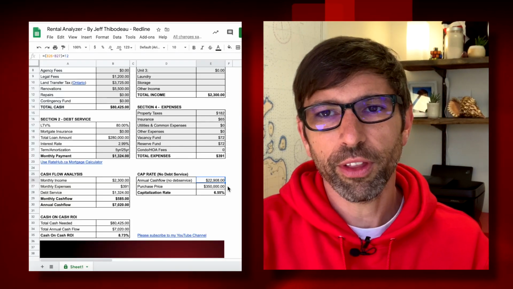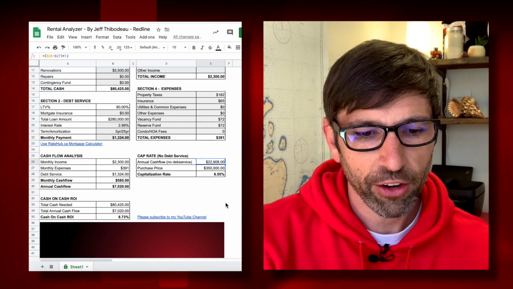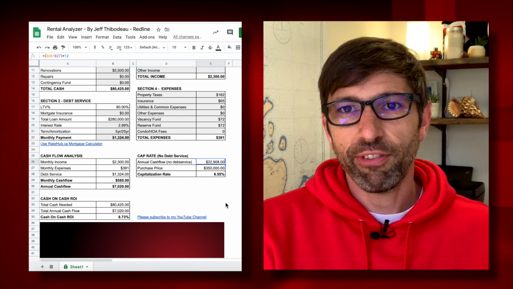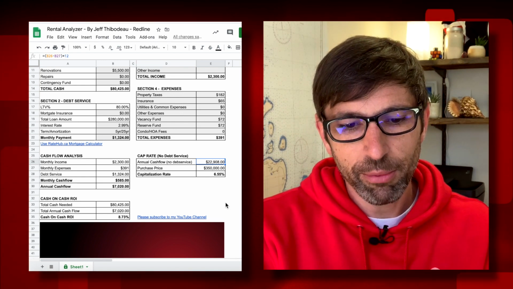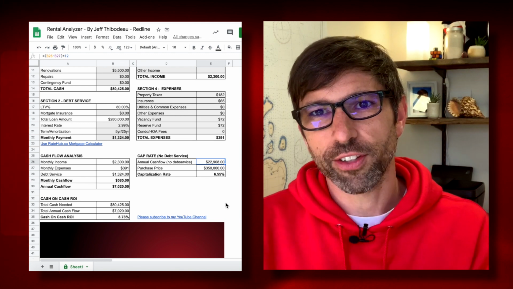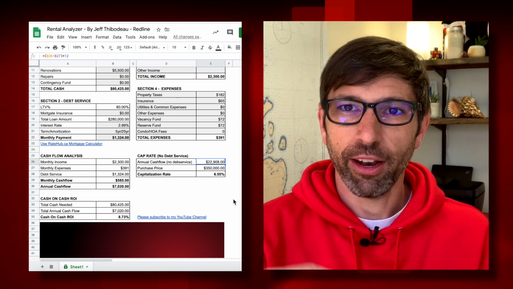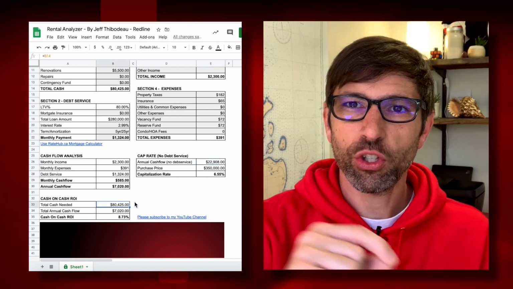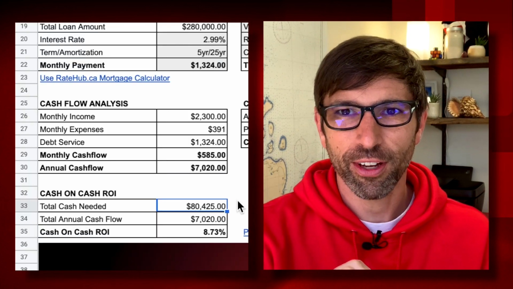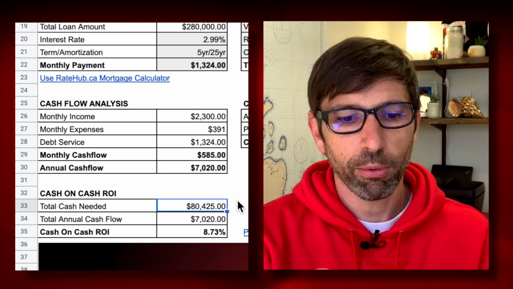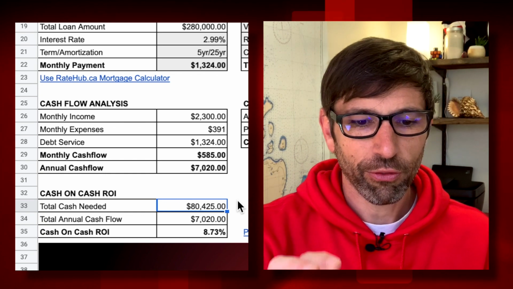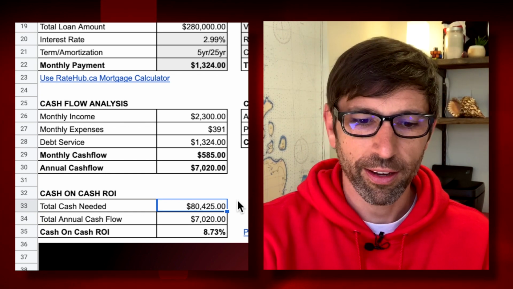The last little number that investors like to look at is called the cash on cash return, and that's a measure of how much cash we've got to bring to the table, and then how much revenue that generates. The beautiful thing about an investment like this is with only a 20% down payment instead of 100% down payment, we're able to acquire a $350,000 property for only $80,425 out of pocket.